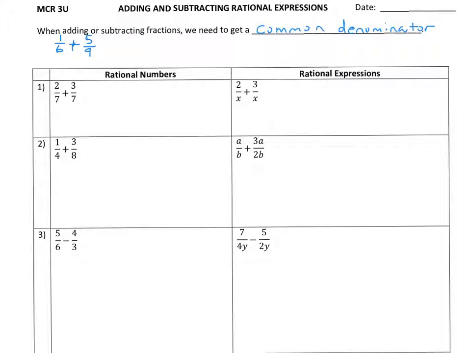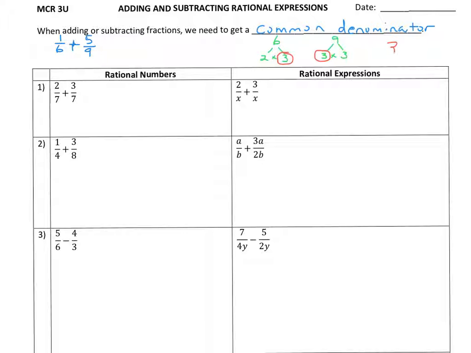But what we do is we take a look at that 6. That 6 really can be broken into factors of 2 times 3. And the 9 can be broken down into factors of 3 times 3. So I'm breaking this down into the prime factorization, and then I look at what they have in common. So this has a factor of 3, as does this one.